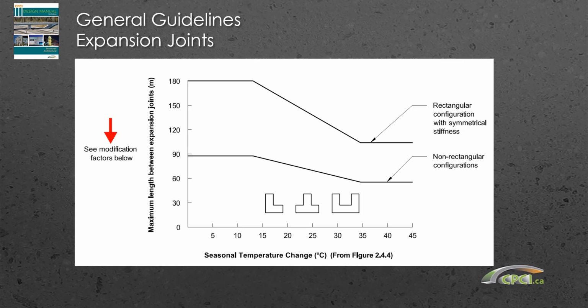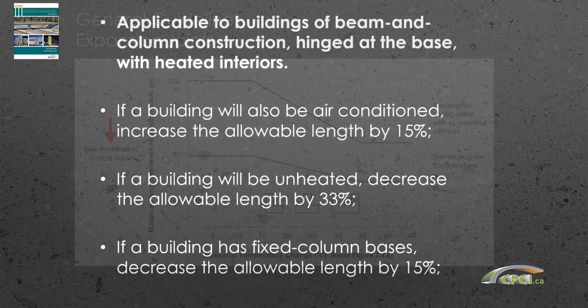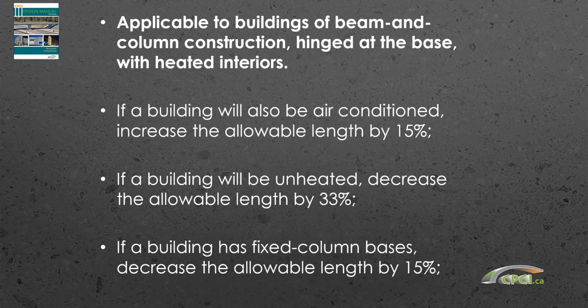You have to apply the applicable modification factors to this table because that table is based on beam-column construction, thinking the structure is hinged at the base with a heated interior. So you have to apply coefficients or modifications to the values that come out of that table.